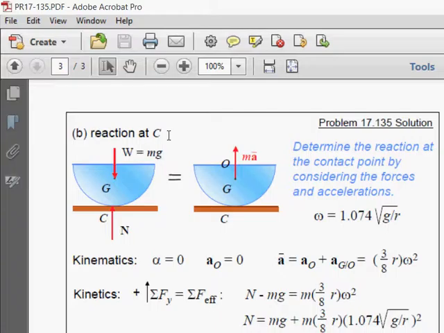In this case, alpha is 0 because there's uniform rotation, and the acceleration about the point O is 0.